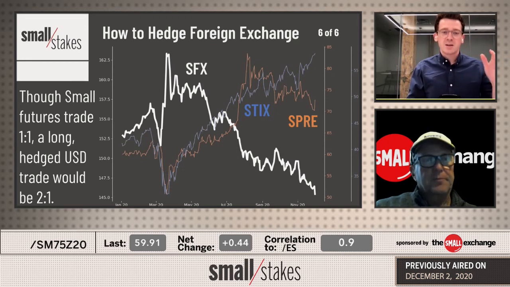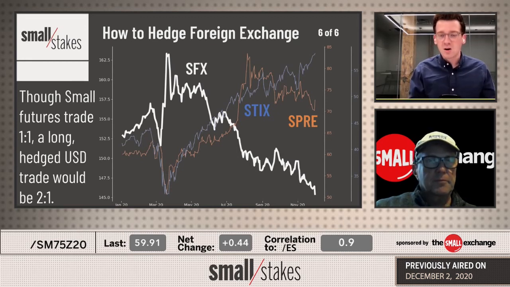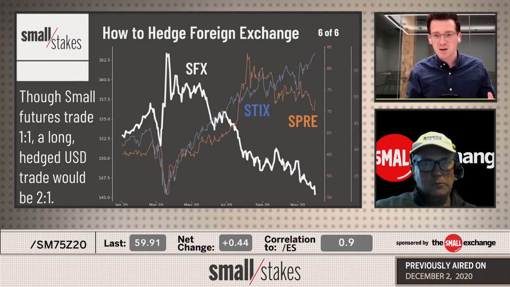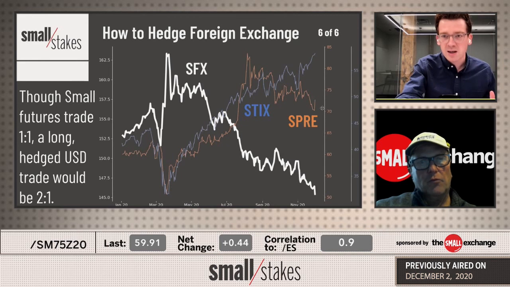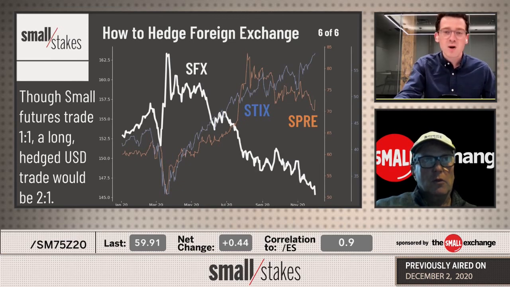So I like the long 2 SFX, long 1 SPRE. I think if you see that bounce in dollar, you're hoping for metals to just hold in. But if the dollar continues to appreciate against you here, you should see this metals market at least ascend a little bit, hopefully get close to its prior glory here, highs that it's not even close to right now. I like that, a new way to hedge foreign exchange.